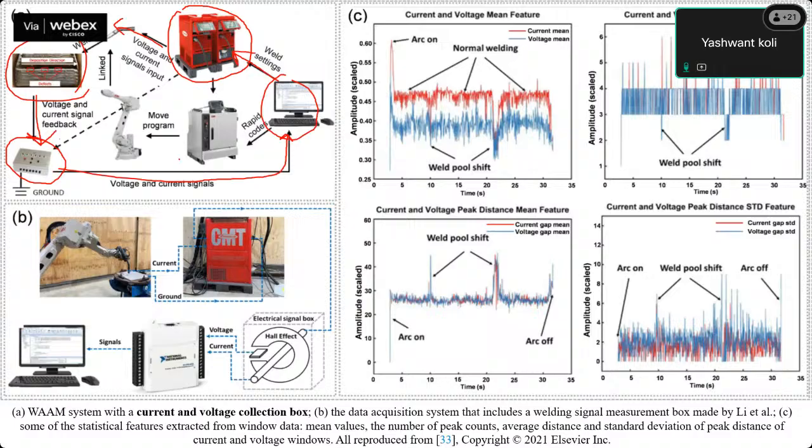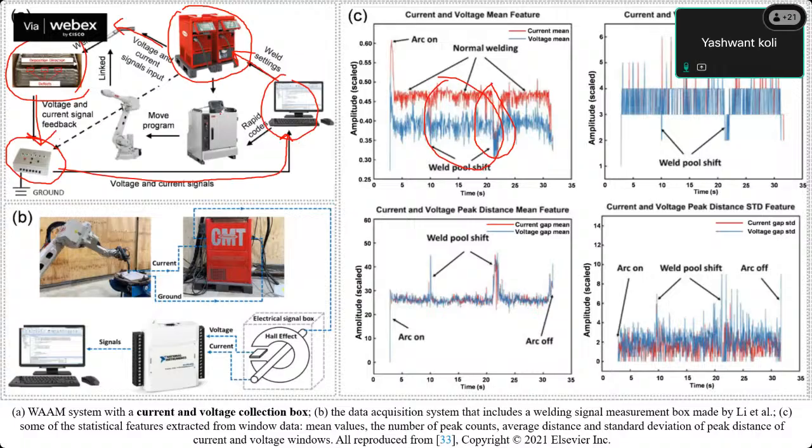If there is a problem in these waveforms, if spikes are forming, that suggests that some part has defects like porosity, burn through, and so on. So these defects can be identified.